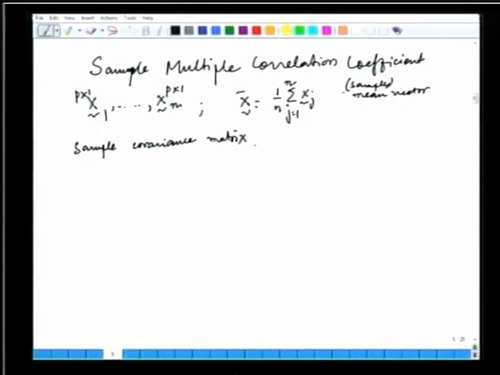We have the notation S for this, and this is actually 1 by n minus 1, with divisor n minus 1, times the sum of xj minus x bar, xj minus x bar transpose, j from 1 to n, and then we define some A matrix.